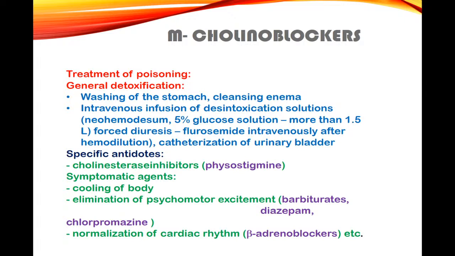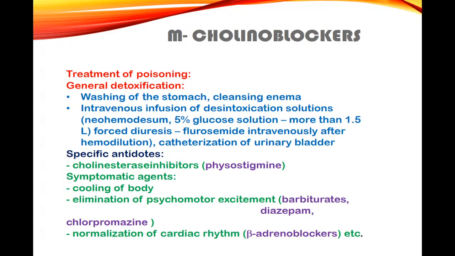We use so-called forced diuresis. What does it mean, forced diuresis? We shouldn't understand that this is only activated diuresis. This is a manipulation for detoxication, and it includes two stages.